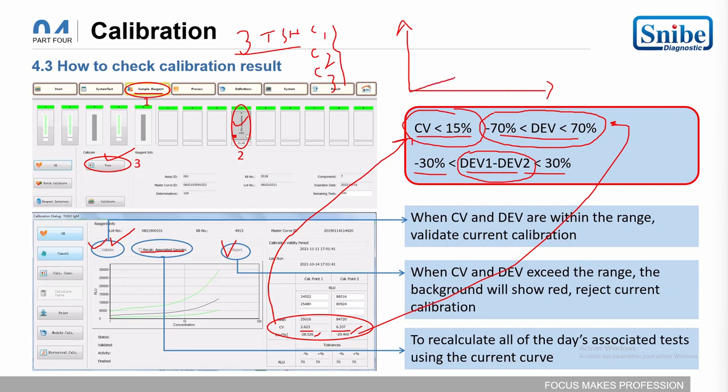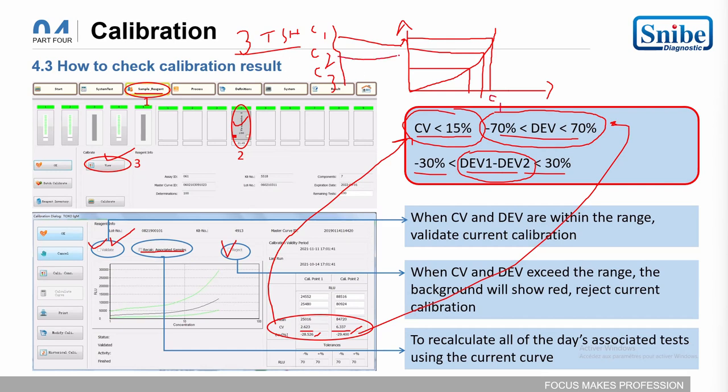For example, this is the calibration used the first time to run this sample test. So these are the results: this is the first RLU, and this is the first result, C1.